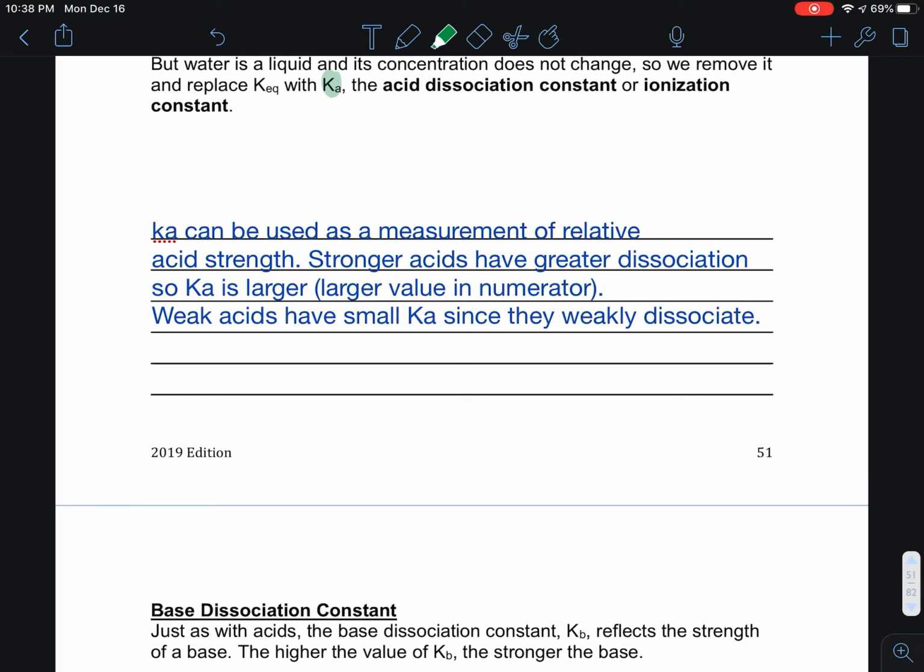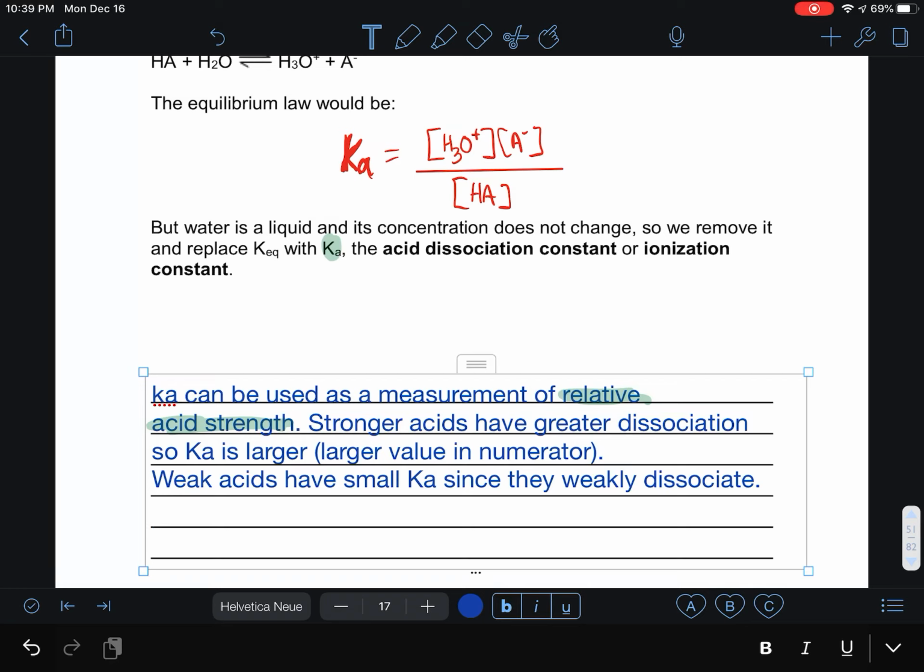So it's a really useful measurement because it's essentially the measurement of the relative acid strength, and this also correlates well with bond strength. So maybe we'll just add a little note here. Ka also correlates with bond strength to hydrogen.